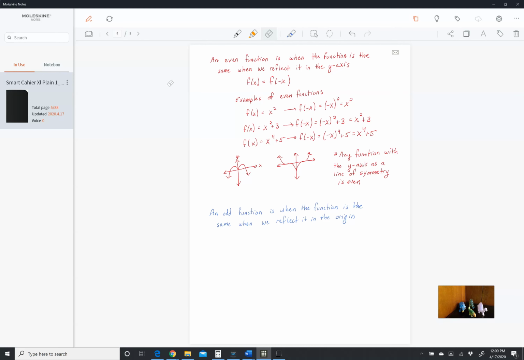So, for example, what we're saying is f of x equals negative f of negative x.